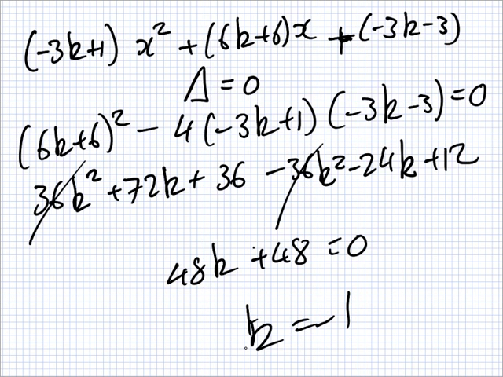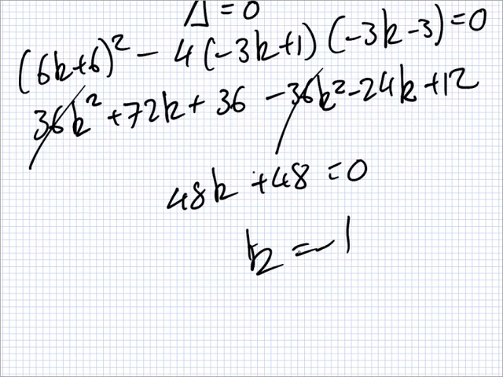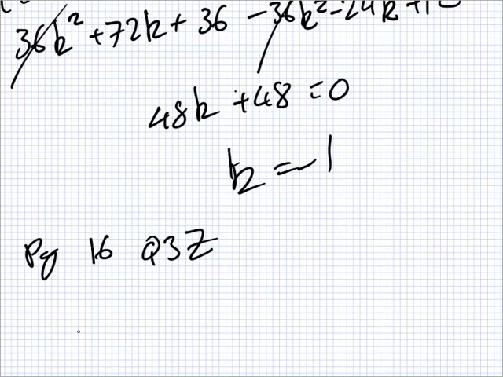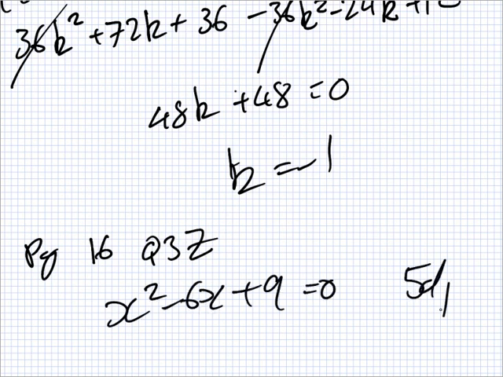It says you should write the decimal points in the file. That's the only thing. Yeah, page 16, question 3z. X squared minus 6x plus 9 equals 0.